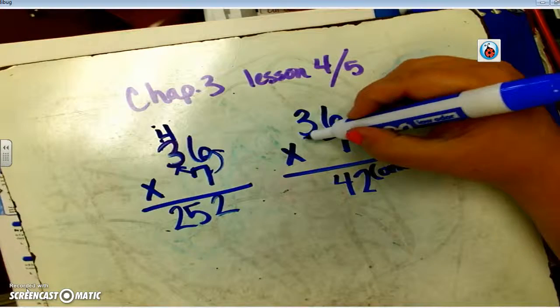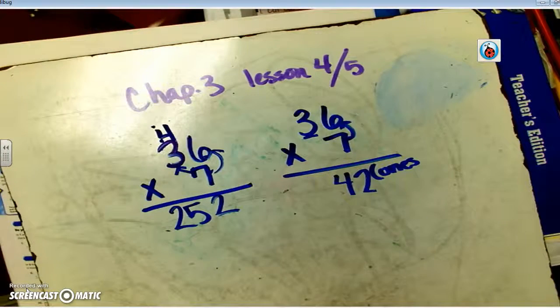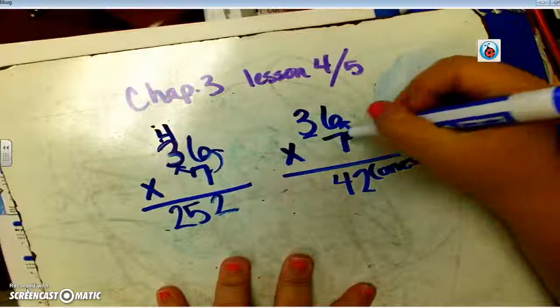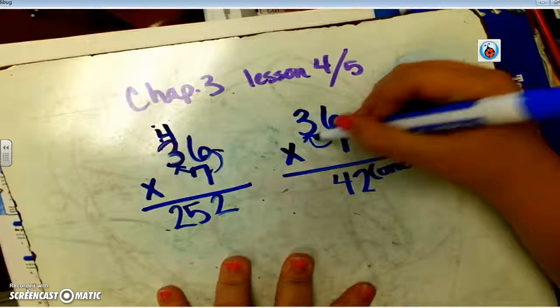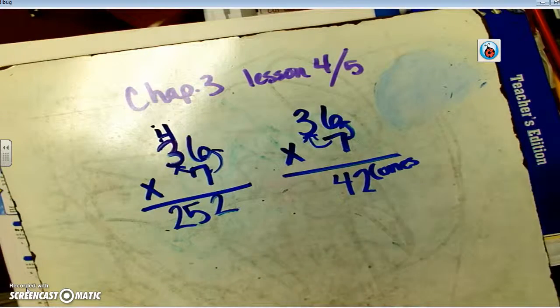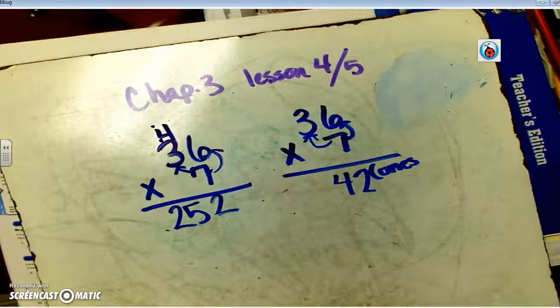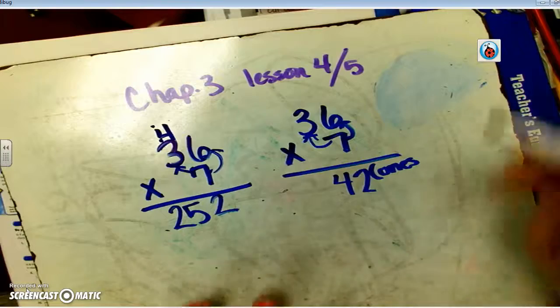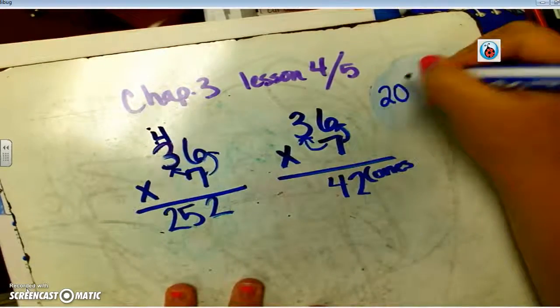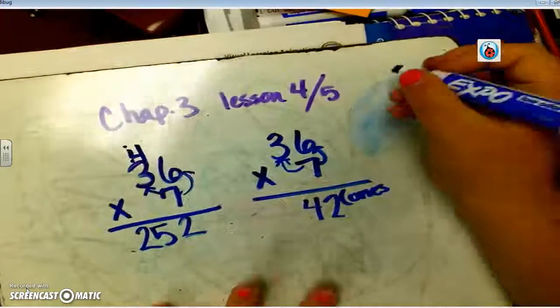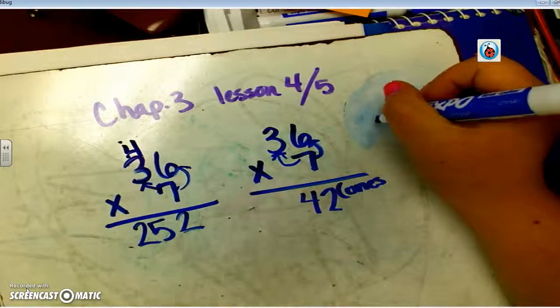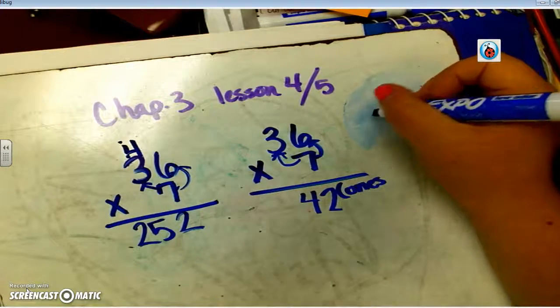Now what place value is this 3 in? So what is the value of that? 30. So now I can take 7 times the value of the digit in my tens place. What is 7 times 30? That's the same thing that we were doing in Lesson 1 and 2 where we were using mental math.